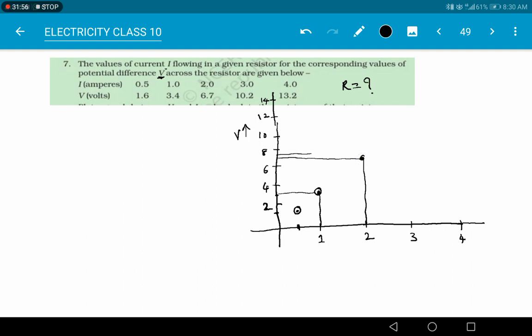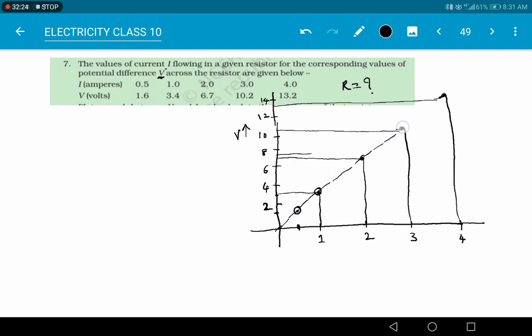Next one, 10.2 and 3. For 3, 10.2. Next, 13.2 and 4. Join with free hand.